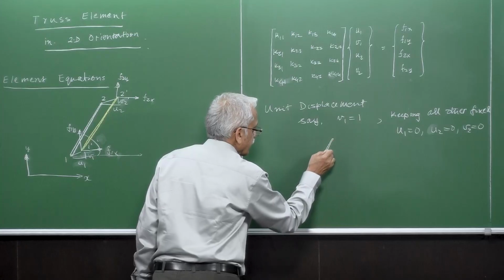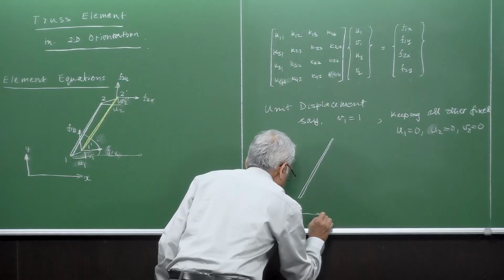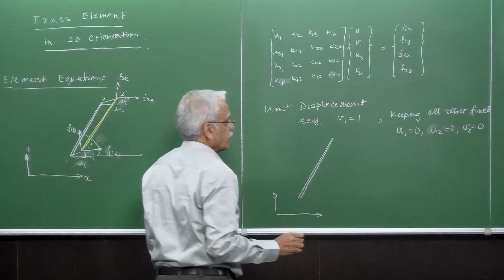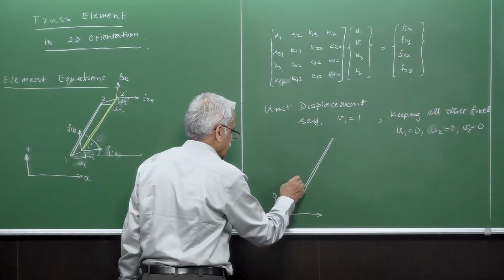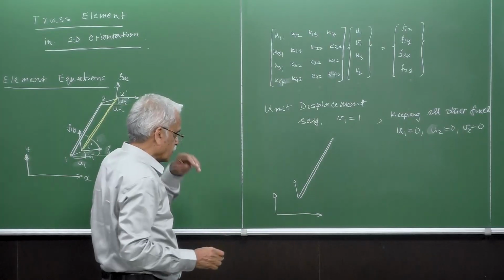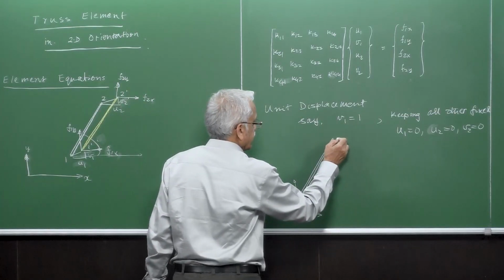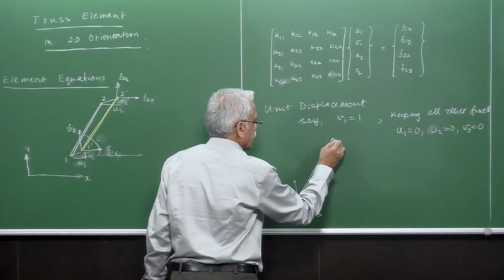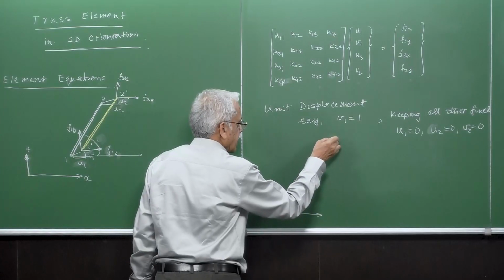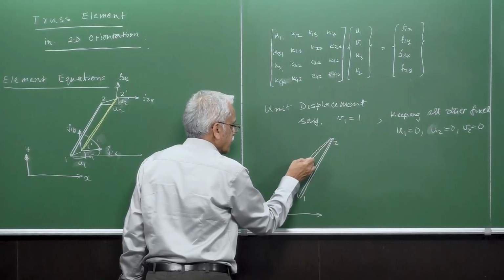So what we are looking at is something like this, and this one, node 1. So v1 means a displacement in the vertical direction. We are giving v1 equal to 1, keeping u1 as 0, and similarly u2 and v2 are 0. So node 2 stays here and 1 goes to 1 prime, and this is the deformed configuration.